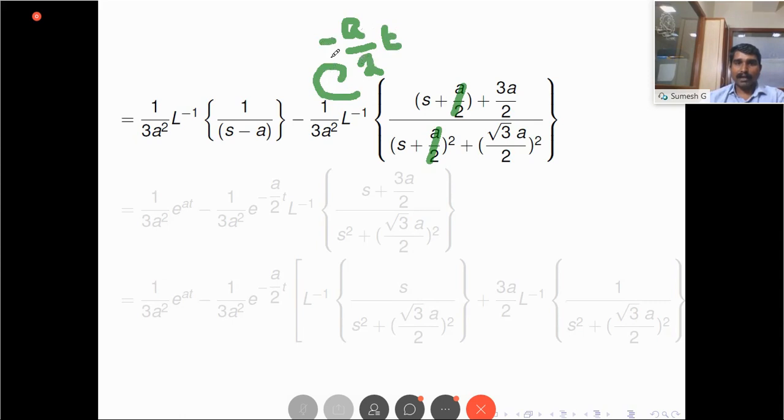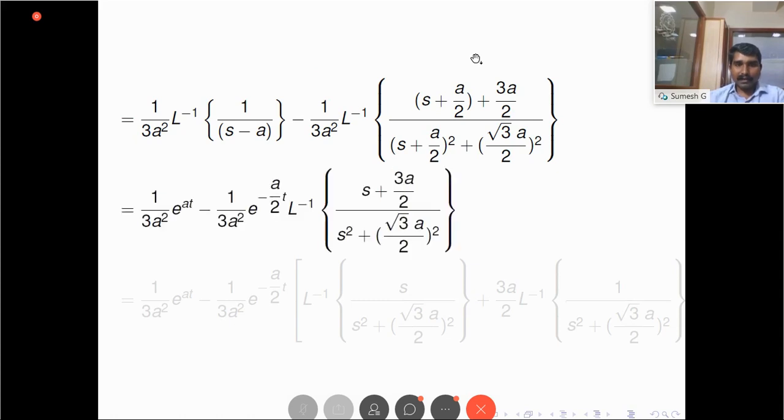So by multiplying by e raised to minus a by 2 t, this plus a by 2 cancels. It becomes, second term becomes 1 by 3a square e raised to minus a by 2 t inverse of s plus 3a by 2 divided by s square plus root 3a by 2 the whole square.